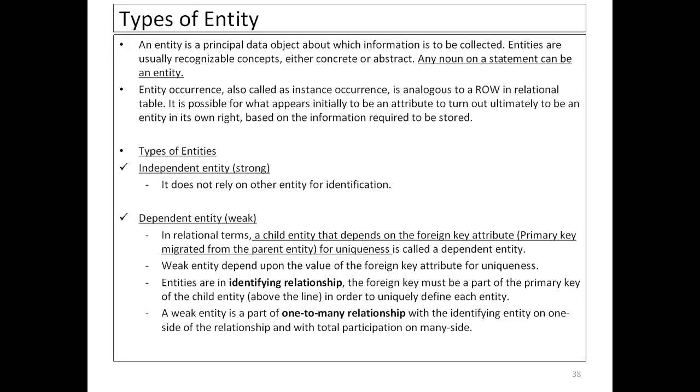For entities which are in an identifying relationship, the foreign key must be a part of the primary key. That is, a weak entity is a part of a one to many relationship with the identifying entity on one side of the relationship and with total participation on the many side.